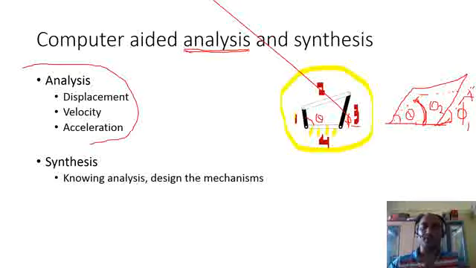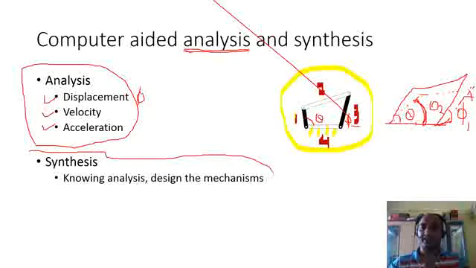So what we have to remember here in the analysis, we basically carry out displacement analysis, that is to find out phi, then velocity analysis, that is to find out v of your output link, and the acceleration of the output link. Now what is synthesis? Synthesis is the reverse way of analysis. So why we need the analysis?